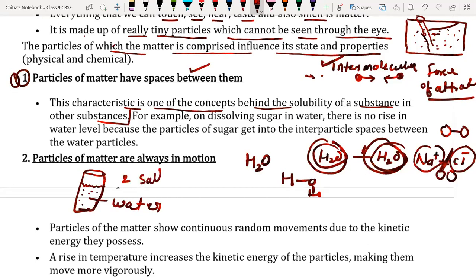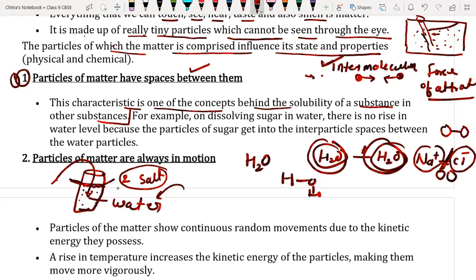When we dissolve that salt, the level will remain the same. You are adding 2 teaspoons of salt, but the volume is not going to change. That means water molecules have space between them, and that space gets filled by salt. Can we say that?